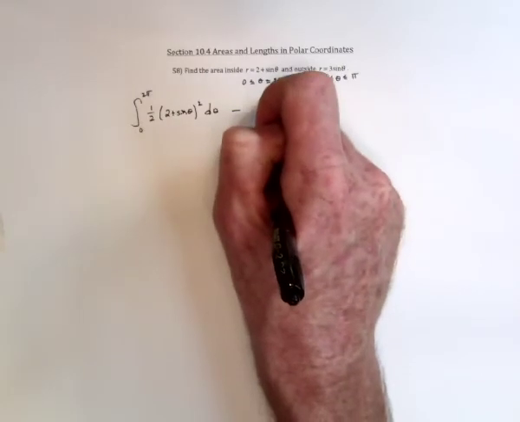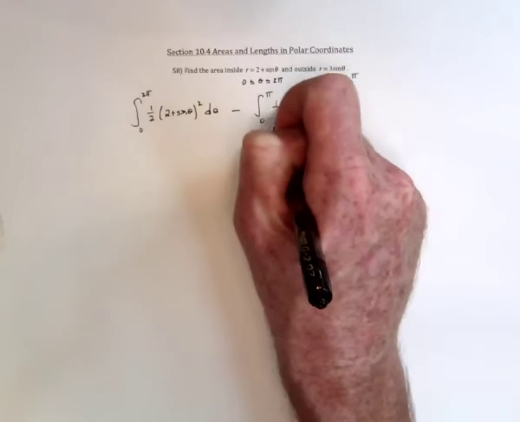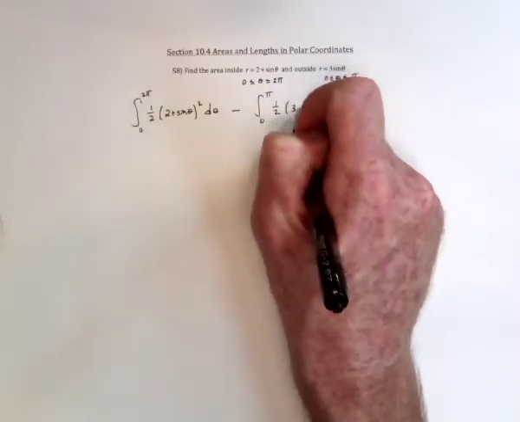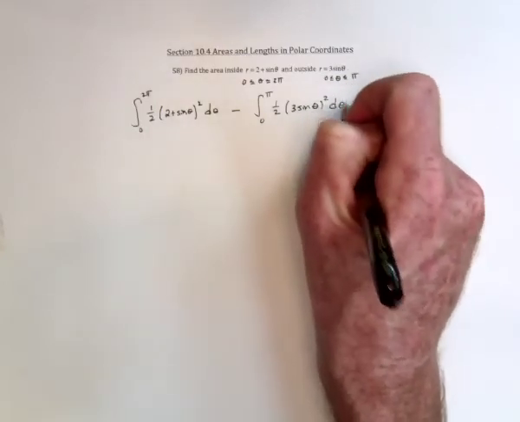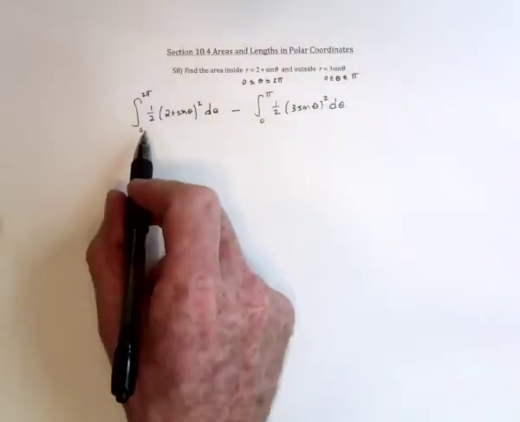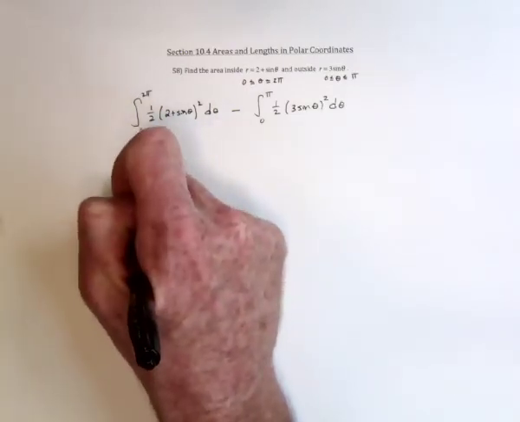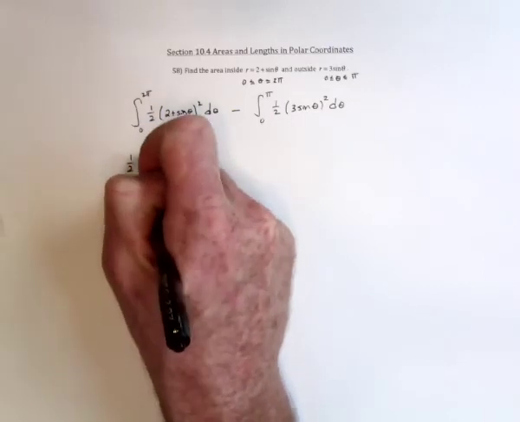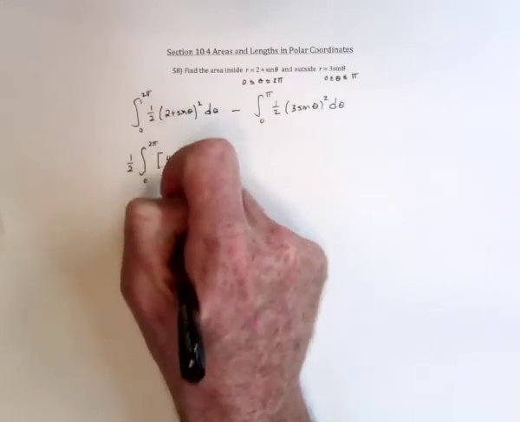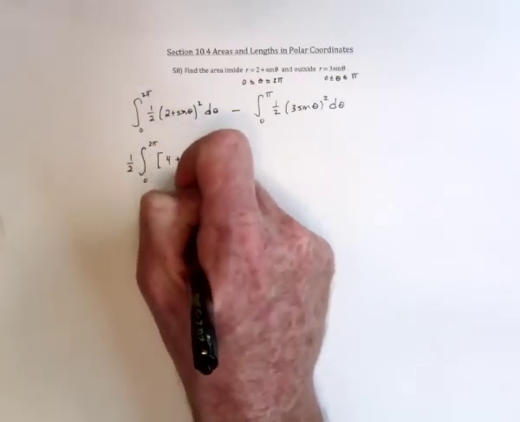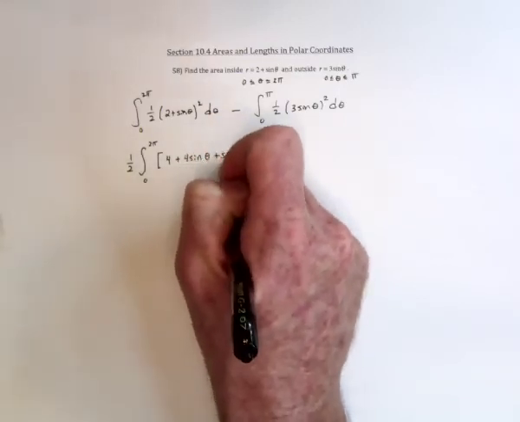Then subtract from that the area from the small one, 1/2 times 3 sine of theta, squared. For the first one, factor out the 1/2 and multiply this out. So we get 1/2 and then integrate from 0 to 2 pi of 4 plus 4 sine of theta plus sine squared.